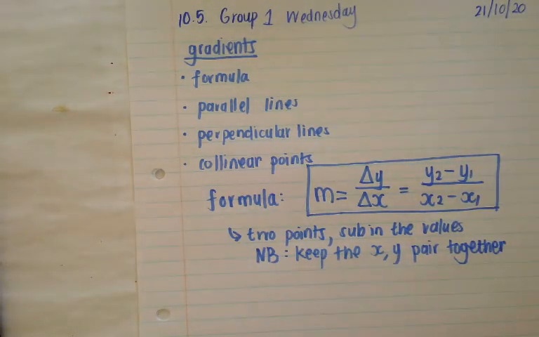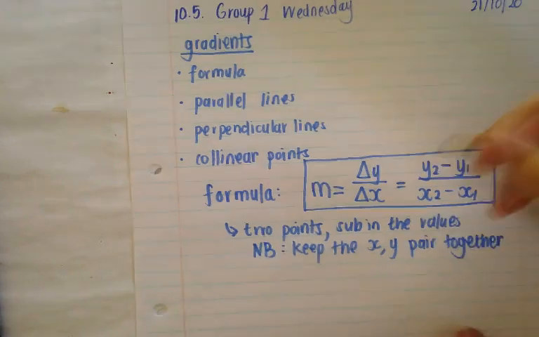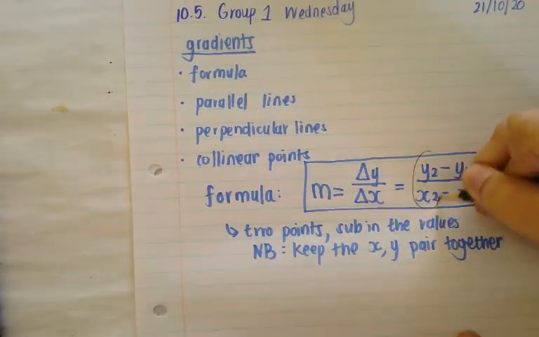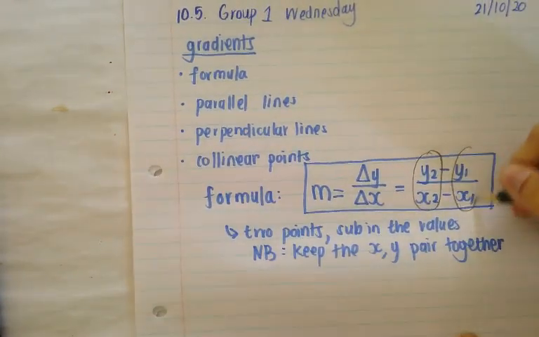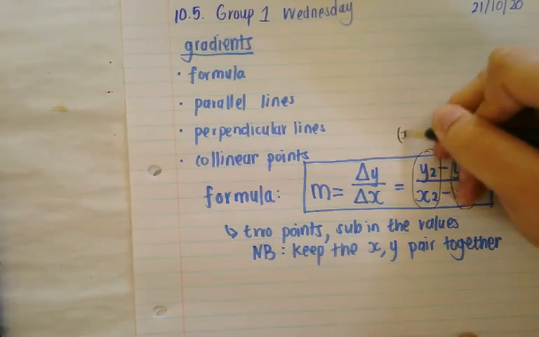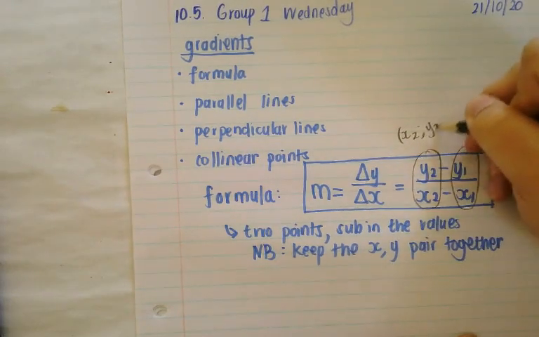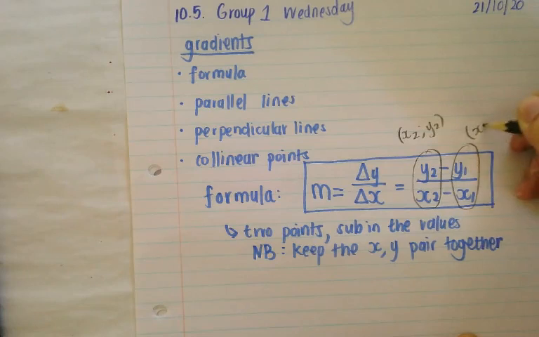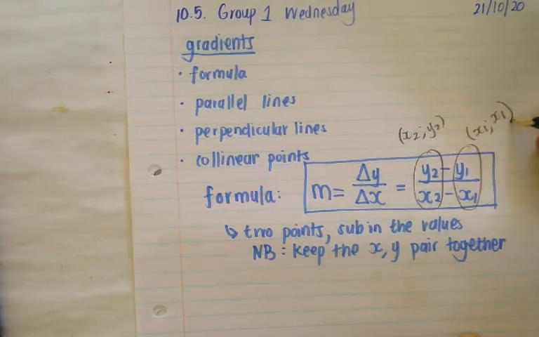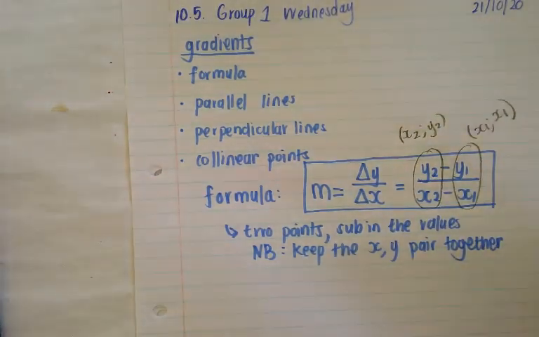That means, I'm doing pencil, that the xy top bottom is a pair and must be kept together. So that would be x2 and y2, and that would be x1 and y1 from the coordinates that I've taken from the plane or the information.